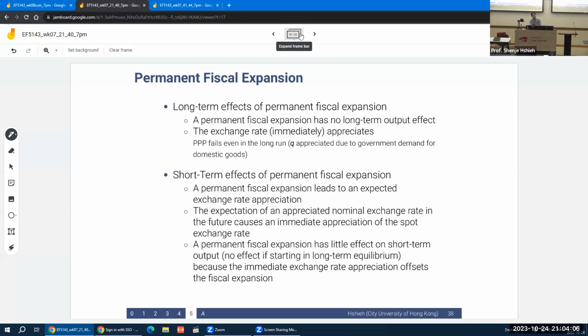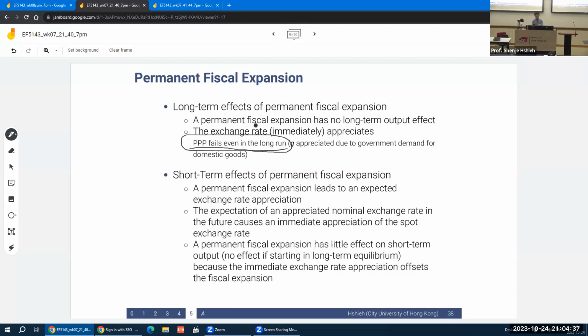But when you have a permanent case, that means expectations move in the same direction. And with expectations moving in the same direction as the change in your spot exchange rate, you're going to get an even more crowding out effect coming from a stronger currency. Okay. And because of this, PPP will fail not only in the short run but also in the long run.